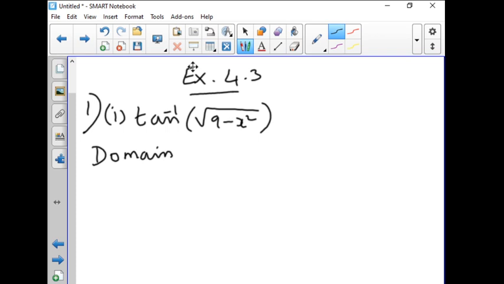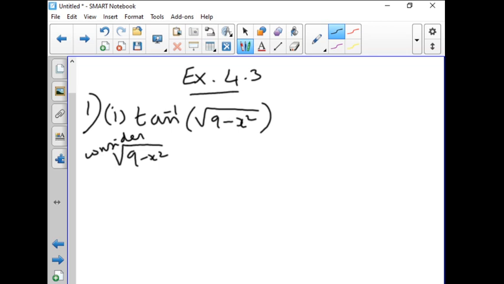Okay, domain for tan inverse of x is minus infinity comma infinity. So see here, the expression under the square root should be greater than or equal to 0, that is, 9 minus x square should be greater than or equal to 0.